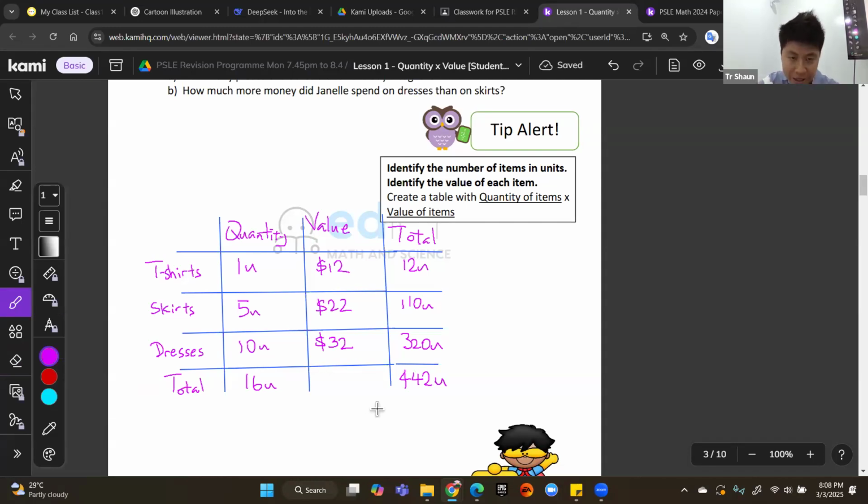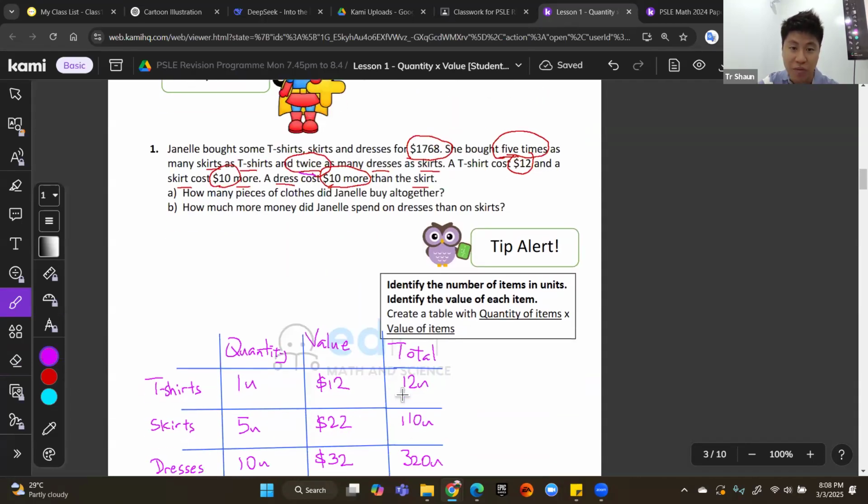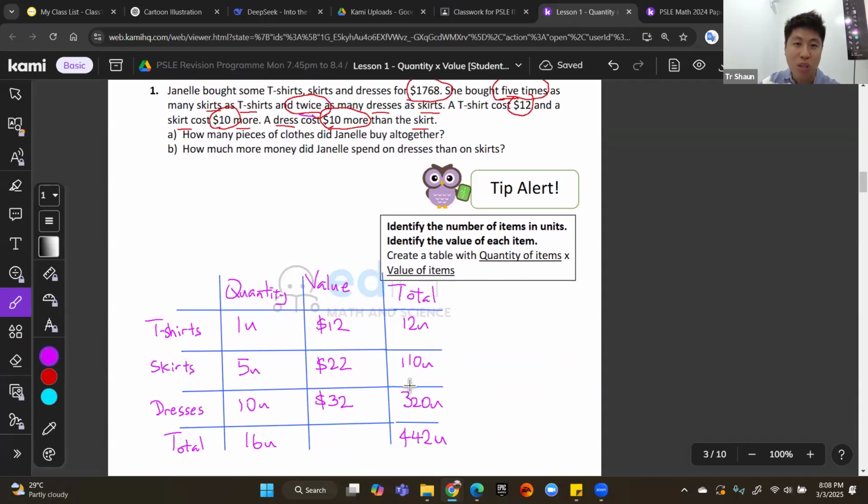As long as you are able to divide, because you can see here, they say total in the question: how much did Janelle spend? Janelle spent 1,768.